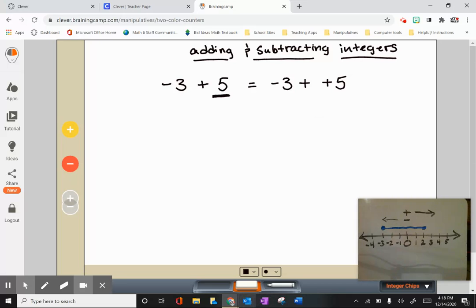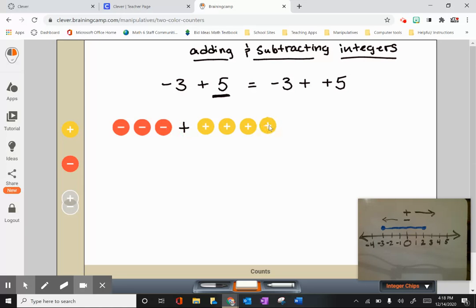Let's see if I can show that with counters. So these red ones are going to represent negatives. And when we add things, we join them together. So I'm saying I have negative 3, and I want to add positive 5. How does that get me to 2?